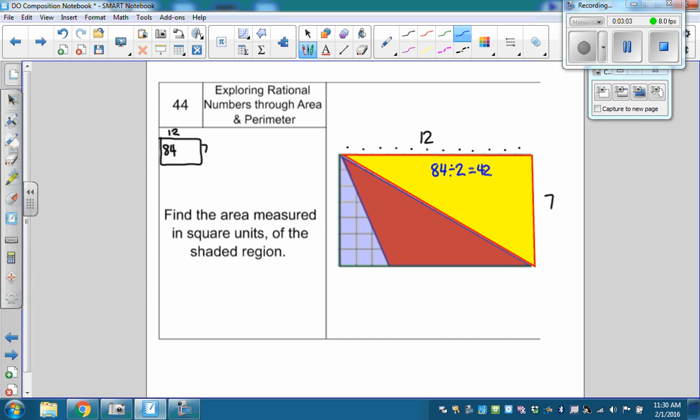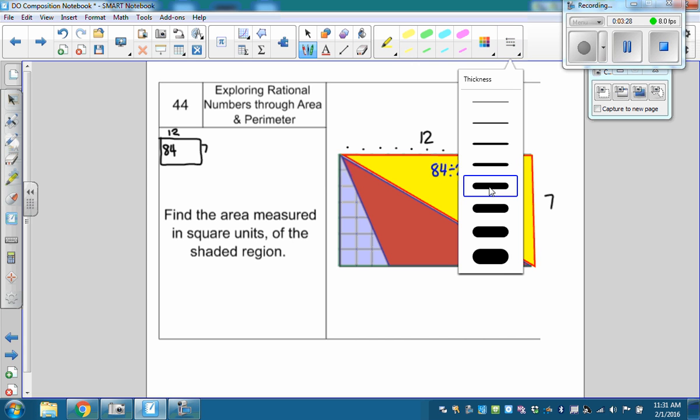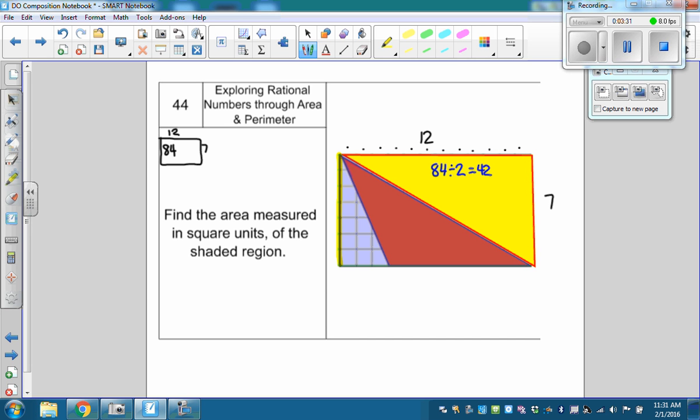So if I want the red triangle, I have to do some subtraction, because I know that the bottom part of the figure, if I trace that with a fat bright yellow, this triangle here, that's kind of hard to see.